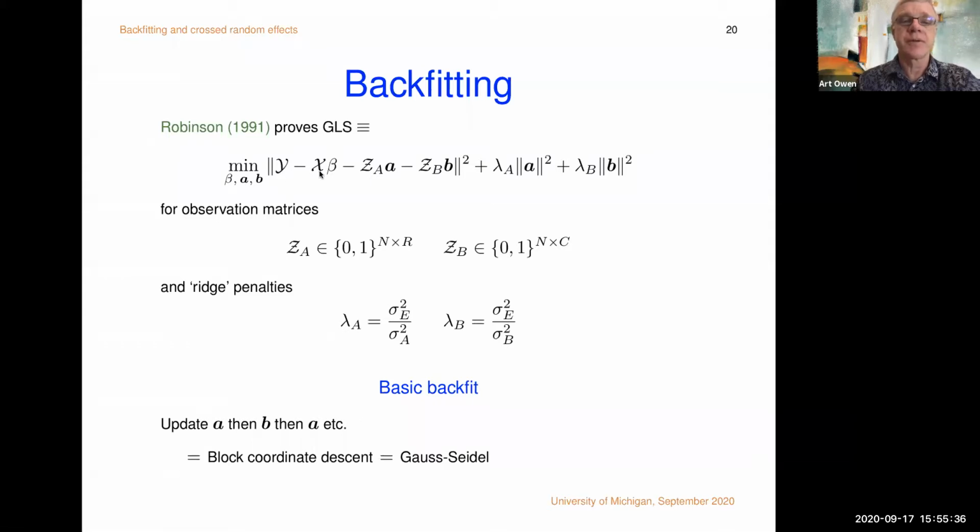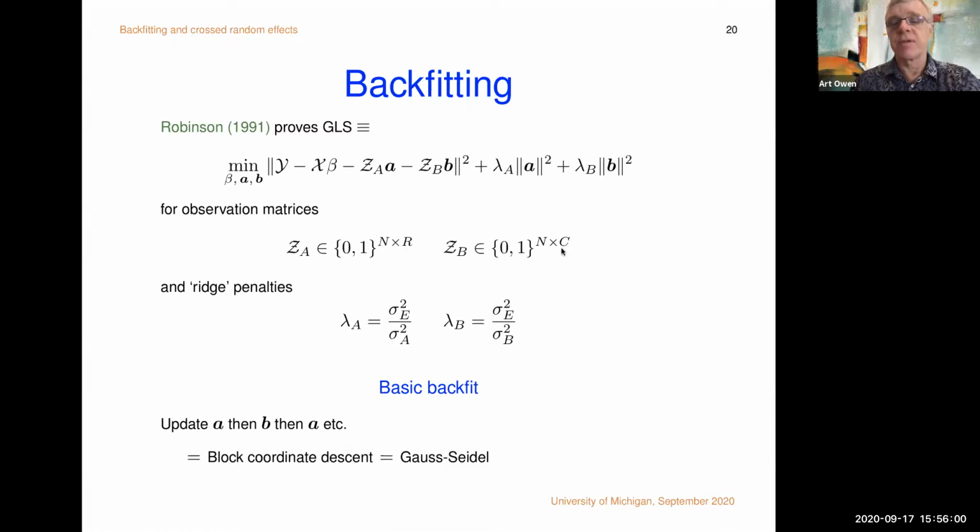We take y minus your original regression, and then you subtract out estimated A and B effects and put on a ridge penalty. Okay, so the new ingredient here is this matrix Z_A, and it's got one row for every observation, and there's an indicator variable for every row in the original data set.